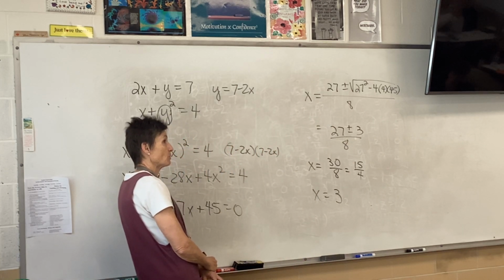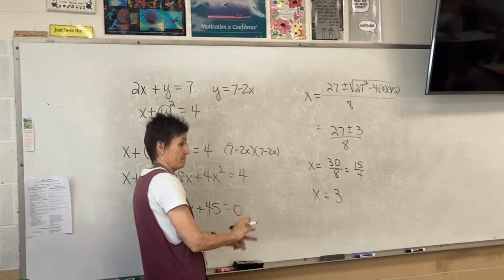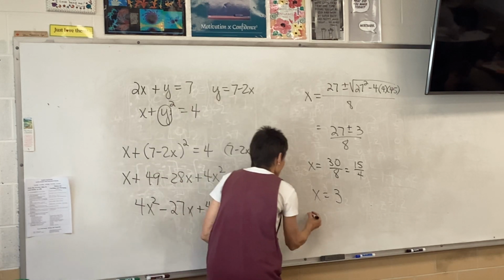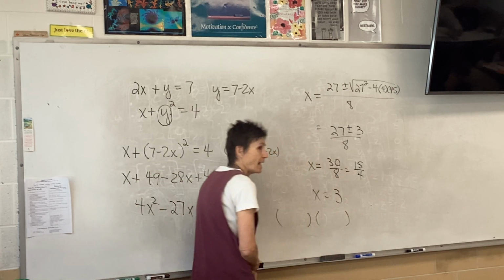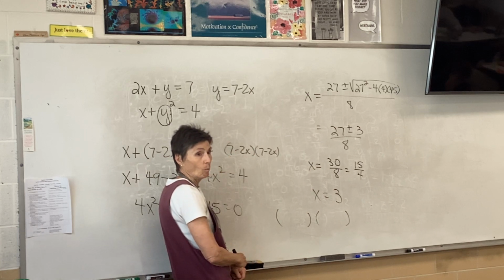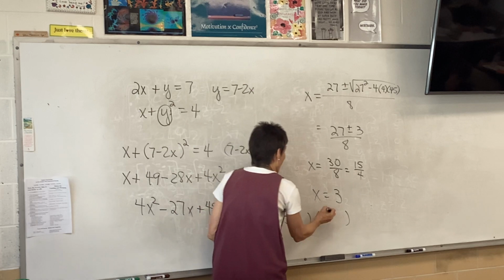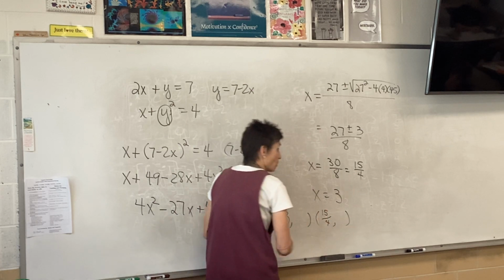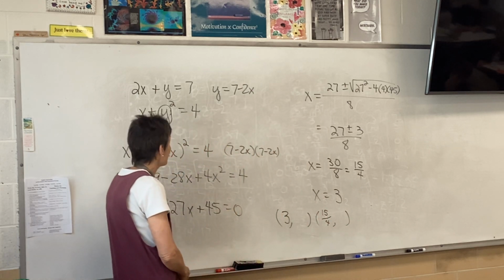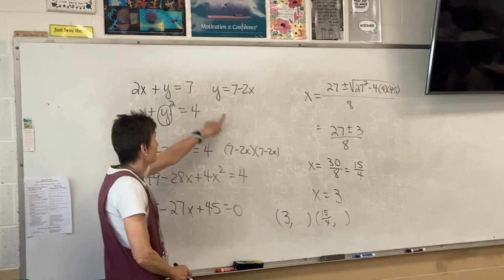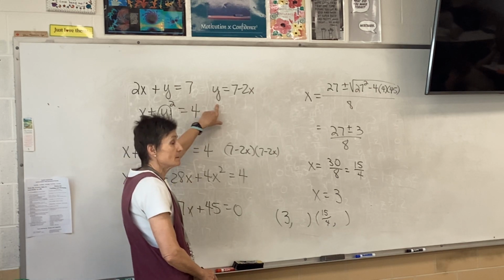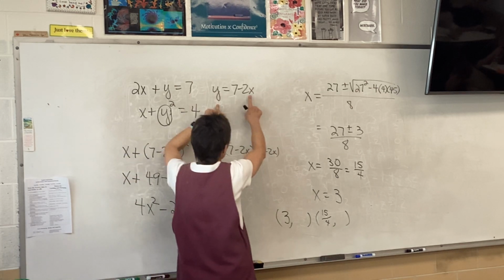Now your pencil goes down. We are not done because our answer has to be x's and y's. So one of our x's is 3, one of our x's is 15/4. Then how do we find y? Plug it right back in. So if x is 3, that's easy.